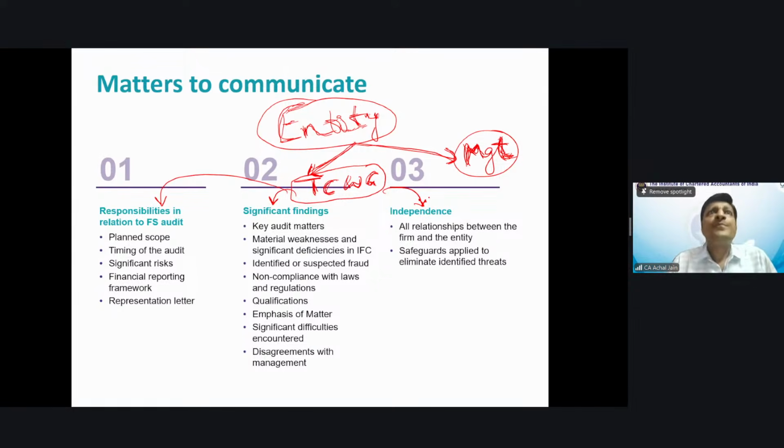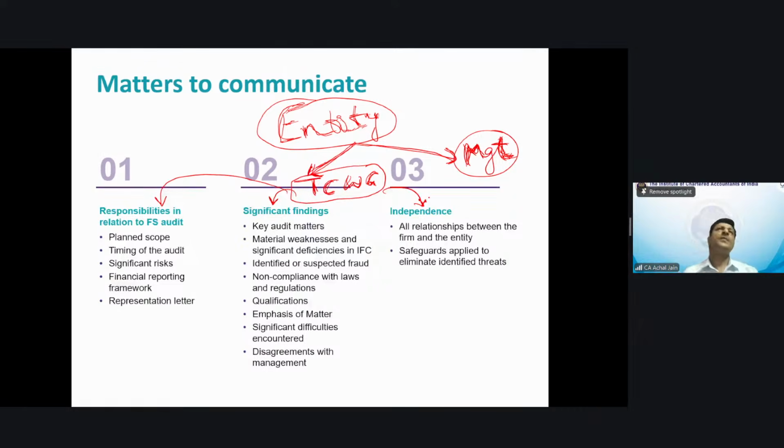So it's not only about understanding from the auditor. This communication has to be a two-way communication, so that if there are any gaps on the part of the auditor, those gaps can be filled. Of course, the management has done that. But what if the TCWG also wants to add to those insights which are already provided? So how do you achieve that? How do you really go about it? Through this communication.